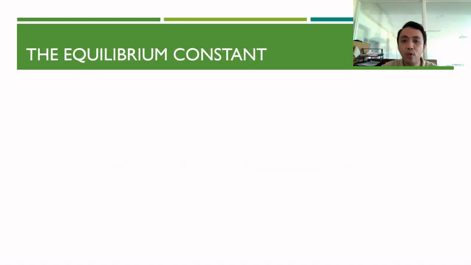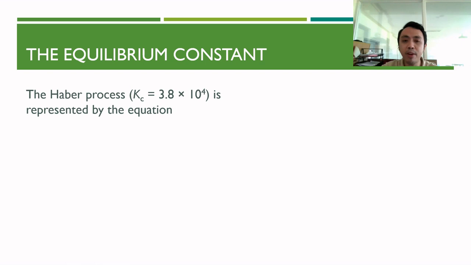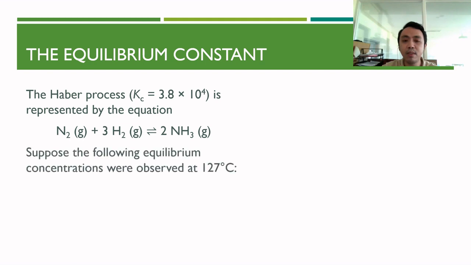By way of review for our upcoming midterm exam, let us consider the following sample problem. The Haber process, whose K sub C value is equal to 3.8 times 10 to the power of 4, is represented by the equation nitrogen gas plus 3 of hydrogen gas producing 2 of ammonia gas.